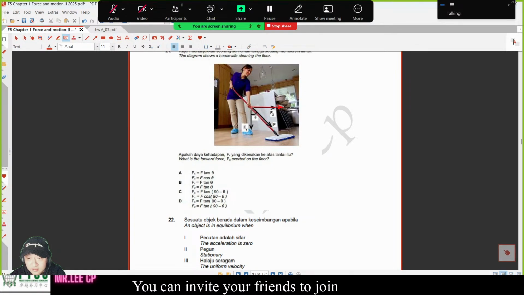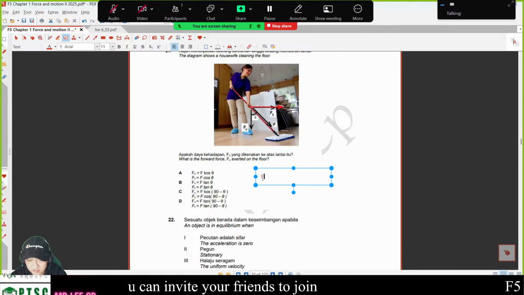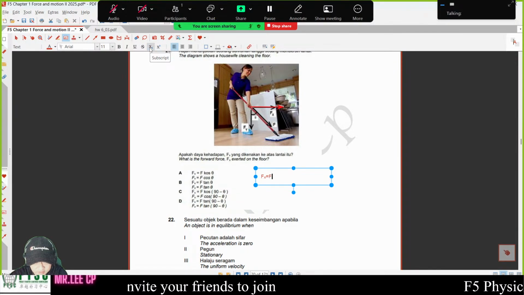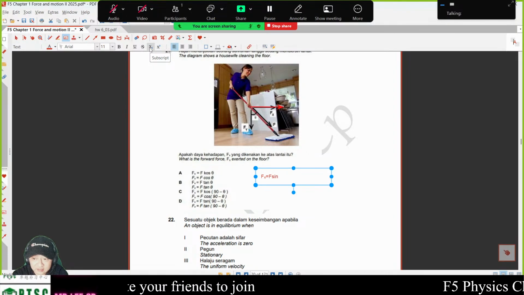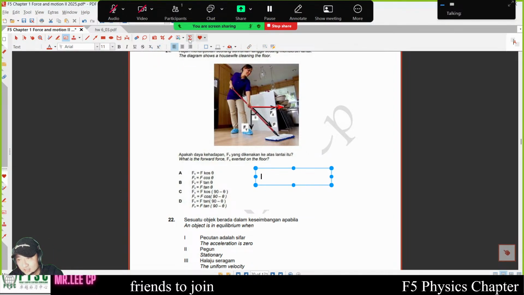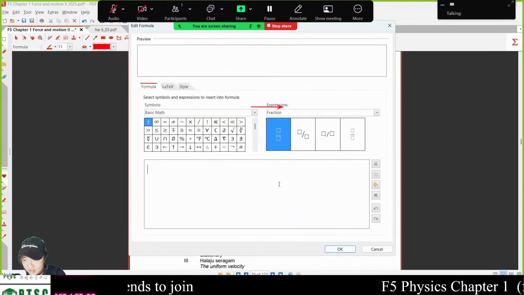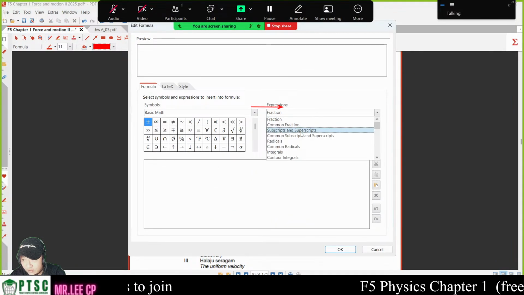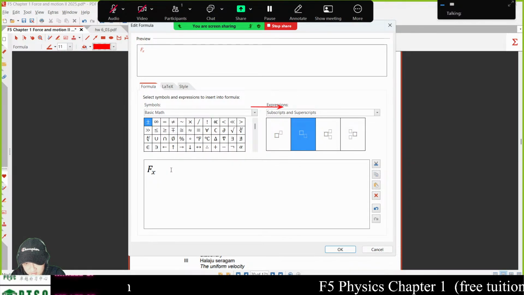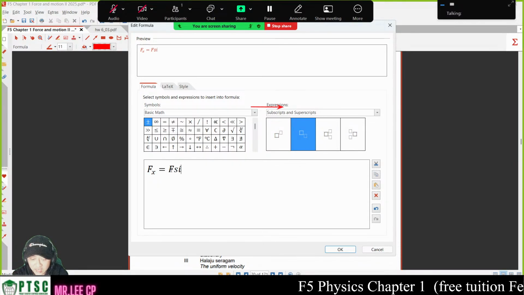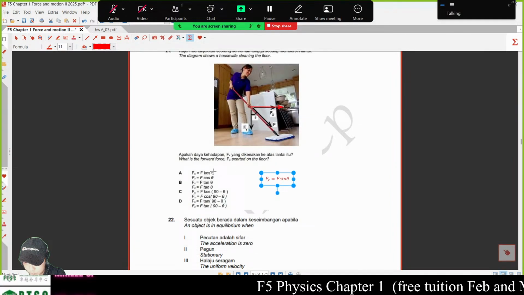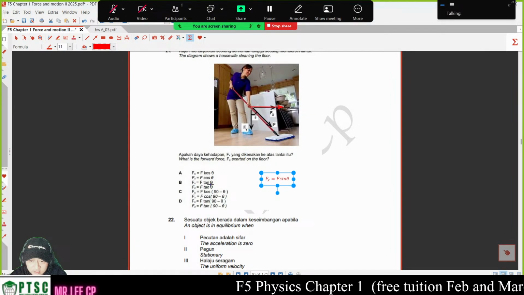But you find here that there is no answer. Fx is F sine theta. I cannot write theta, I have to use the formula. Forward force is F sine theta, but we don't have it. You see, A, F cos theta, tangent theta.